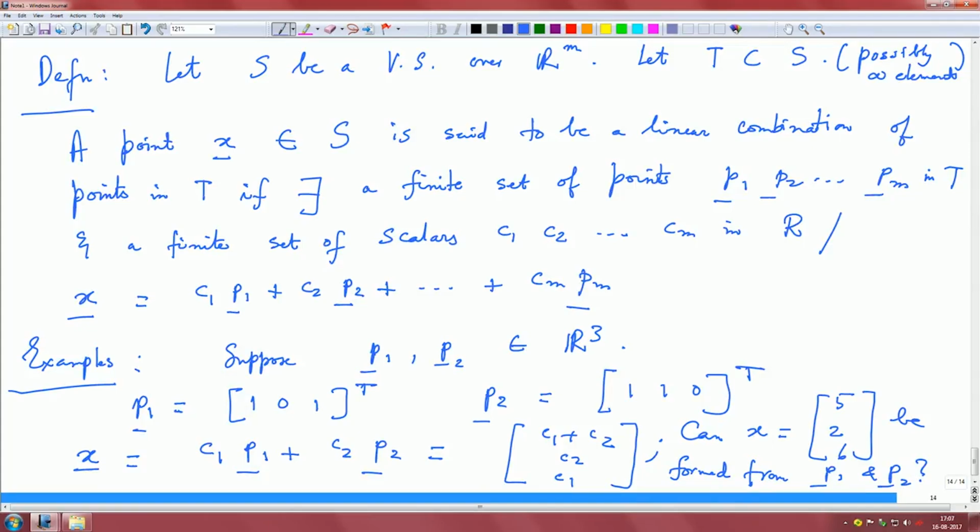Obviously not, right. You want C1 plus C2 to be 5, C2 is 2 and C1 is 6. It is not possible, right. You cannot think about this as basically a linear combination. So, therefore, you really cannot obtain any vector using a linear combination of these vectors.